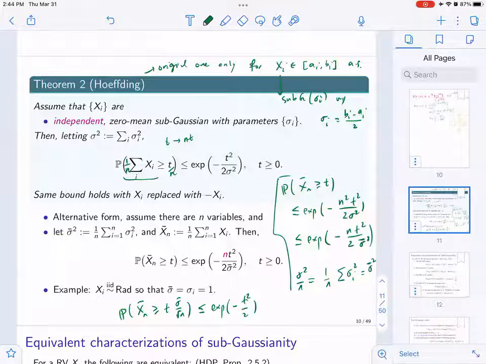So if you do it and then compare with what we get from, just look up Hoeffding's inequality, you'd get the same. Okay, sounds good.